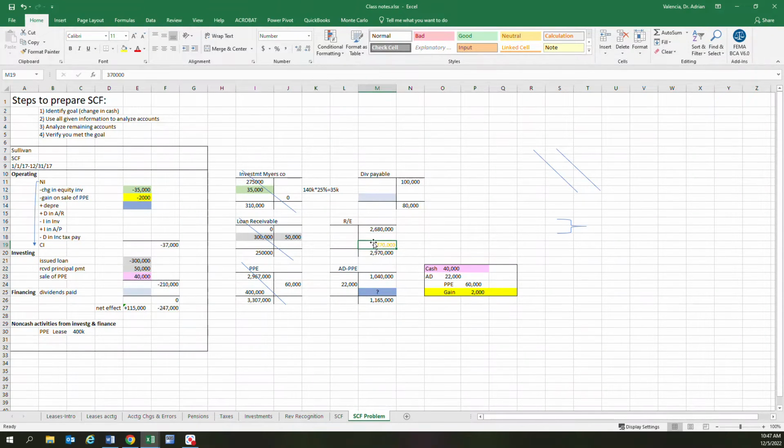I know the expenses would come in as a debit and the revenues would come in as a credit. But if you summarize this in an income summary account, it comes in as a 370. So that's the 370 that we're going to use right here.